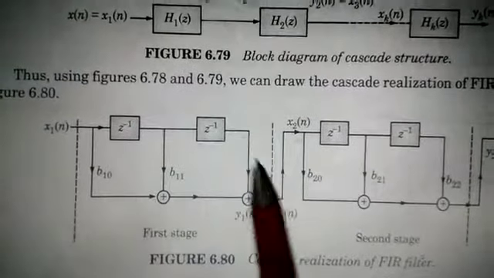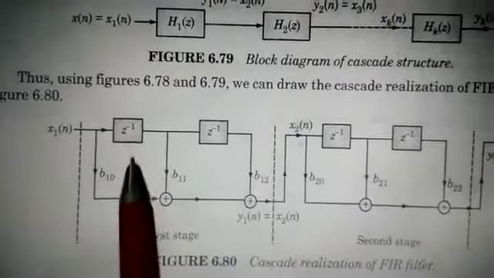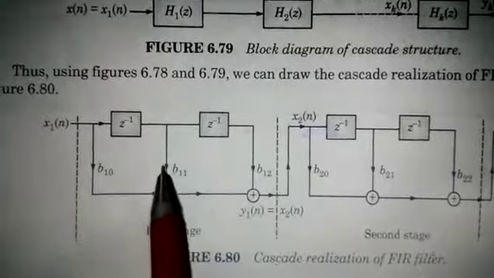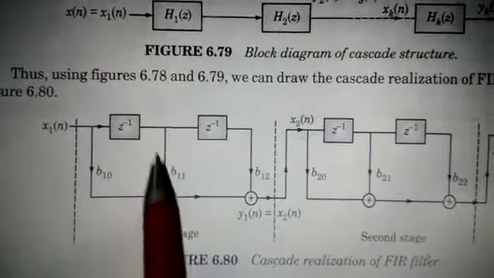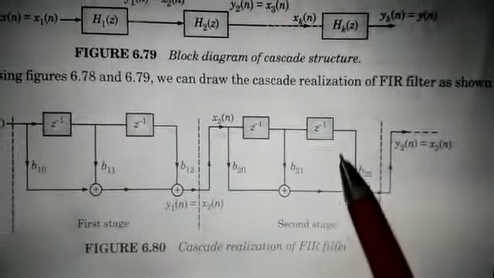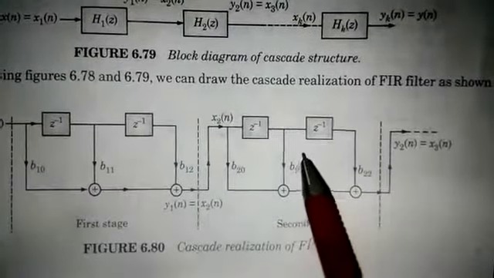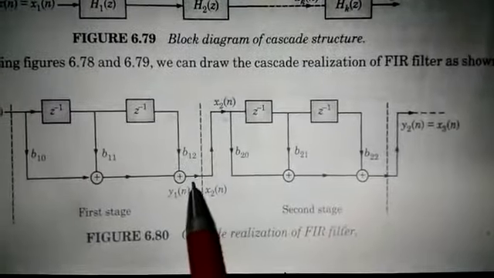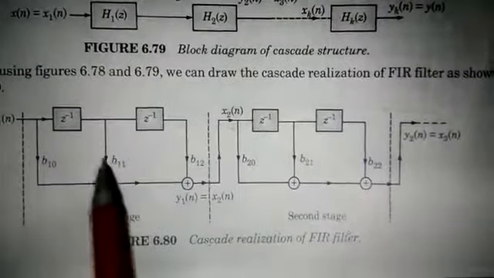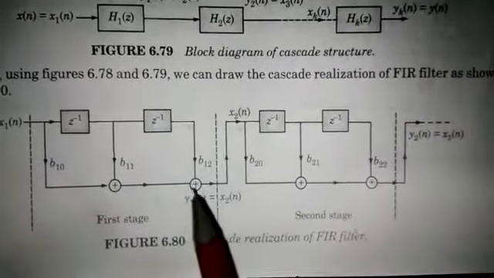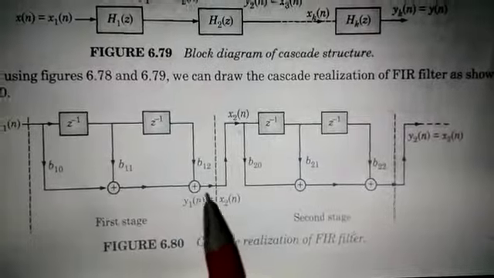So this is the cascade connection, and this figure shows, let us say this part is h1 of z, and this h1 of z is a direct form 2 structure, and this is h2 of z, which is also a direct form 2 structure. The output of h1 of z is this, x1 of z and y1 of z here. So this is the output.